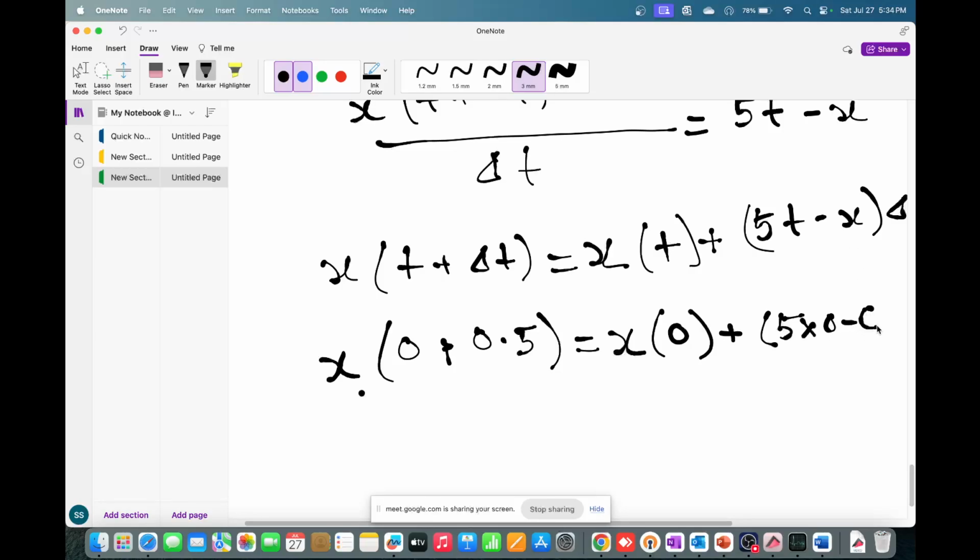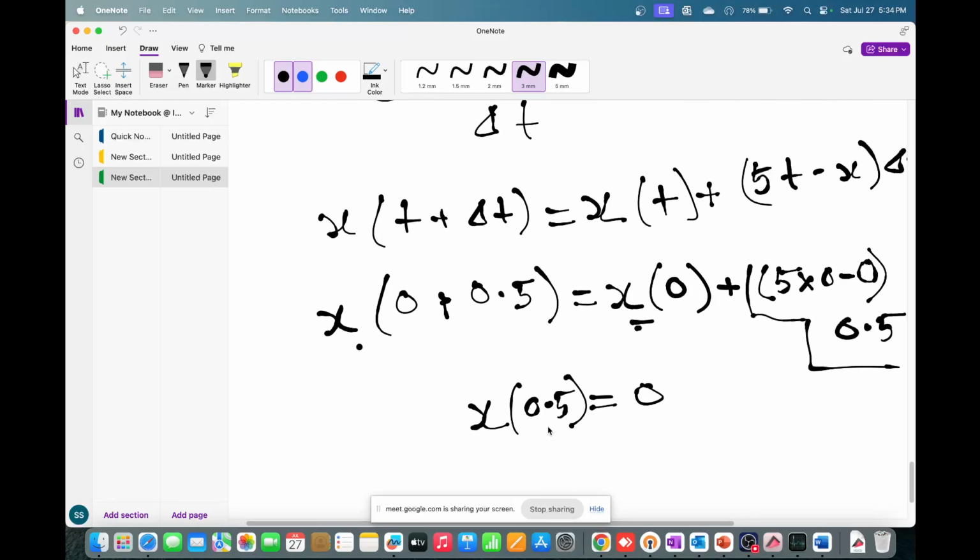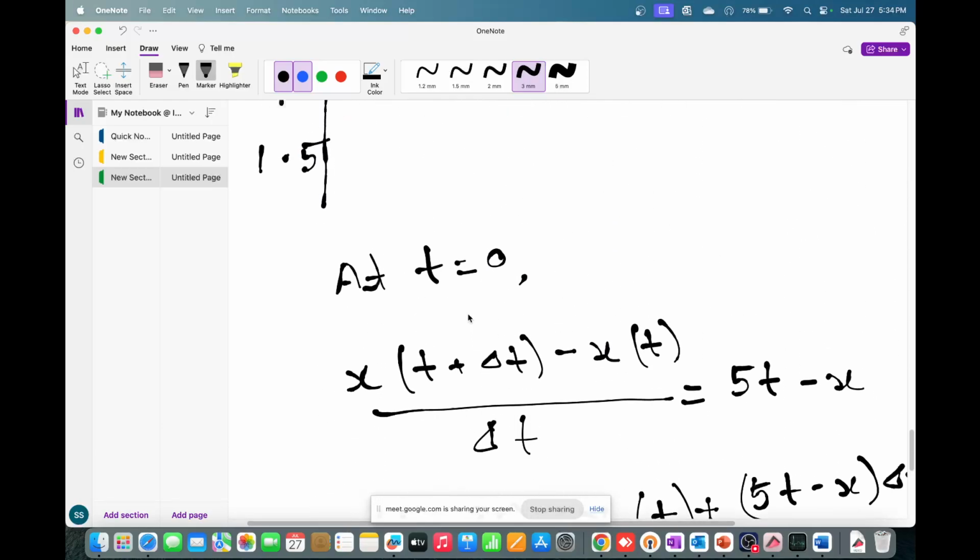Again, x at time 0 is given as 0 and delta t is 0.5. So this whole part is 0, you multiply 0.5 to it, it becomes 0, and x of 0 is already given as 0. So x of 0.5 is 0. So at t equal to 0.5, x is 0 again. So let's fill up this table.